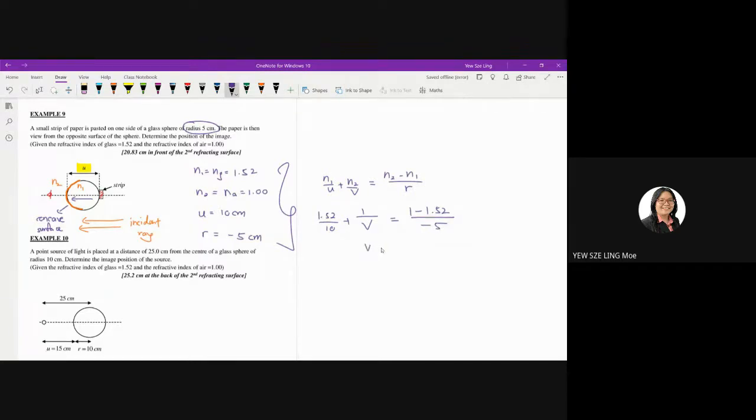So I have V equals negative 20.83 cm. Once again, you have a negative value. Negative means that this is a virtual image. Virtual image means it is formed in front of the second refracting surface.